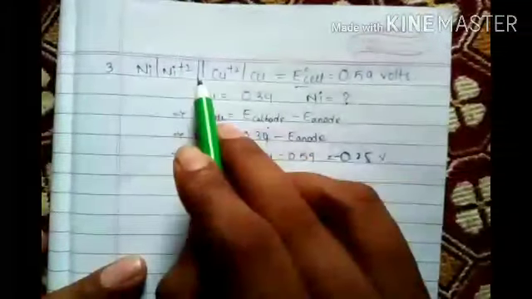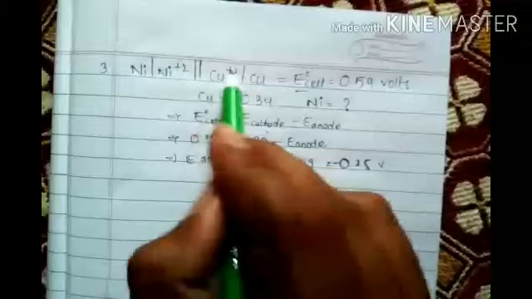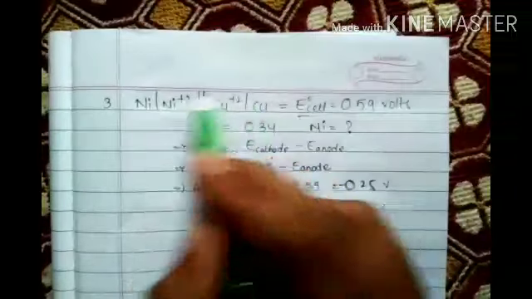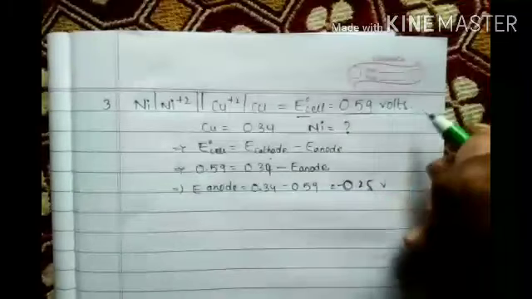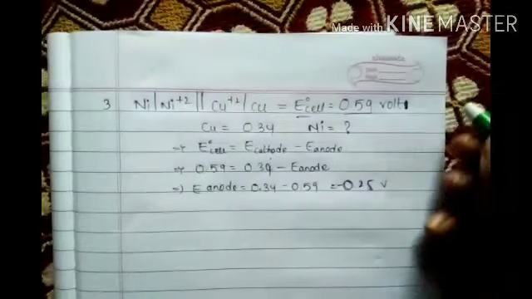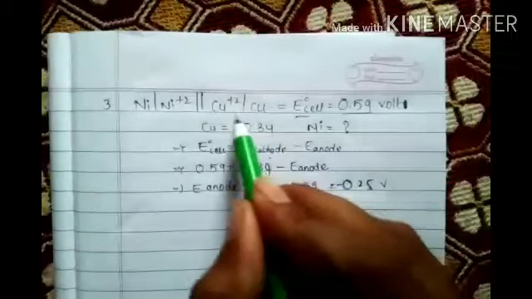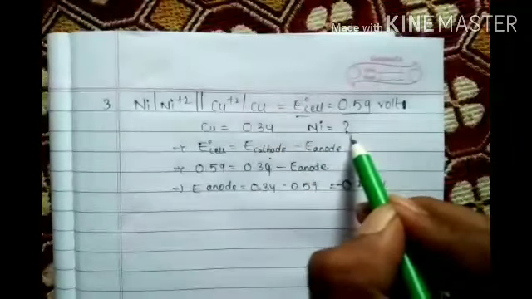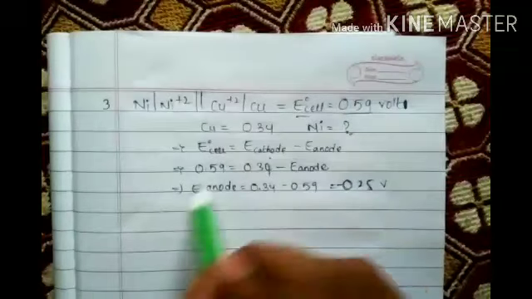Okay, now let's take nickel, salt bridge, copper. E cell is the total, fully they gave: 0.59 volts. Copper is 0.34. Nickel is how much? So E cell equals cathode minus anode.